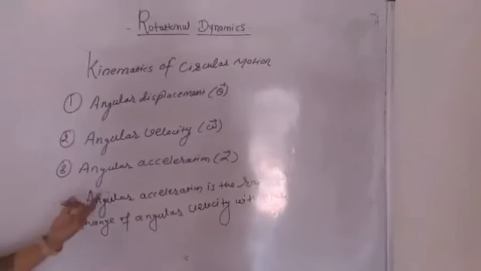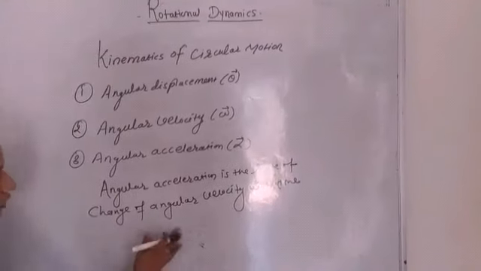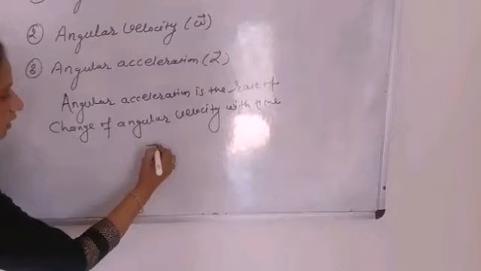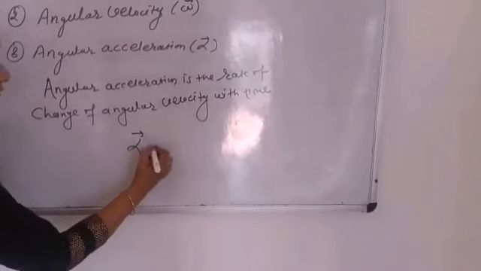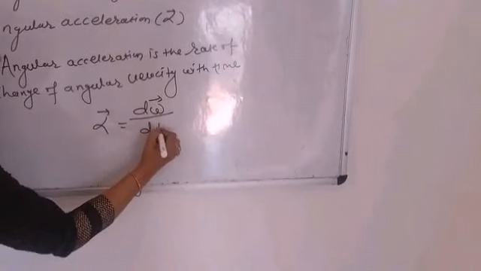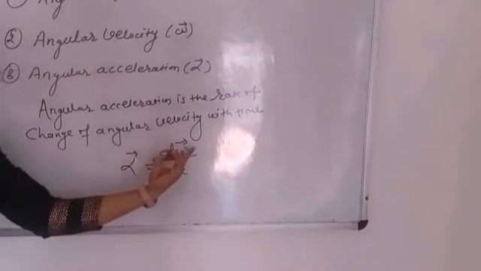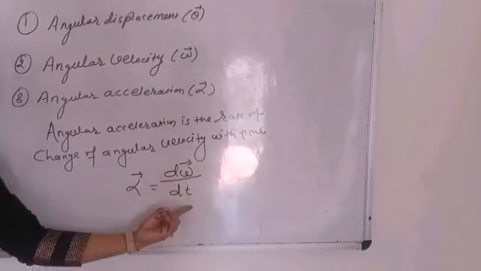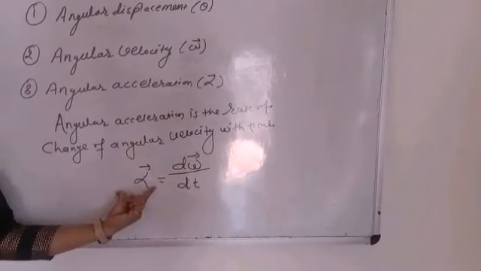That is called as the angular acceleration. So here we represent by alpha. So alpha equals d omega upon dt. The rate of change of angular velocity with respect to time. This is the angular acceleration.